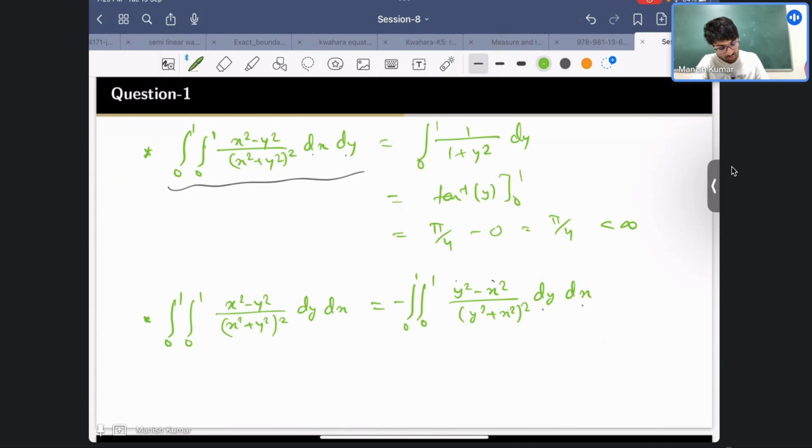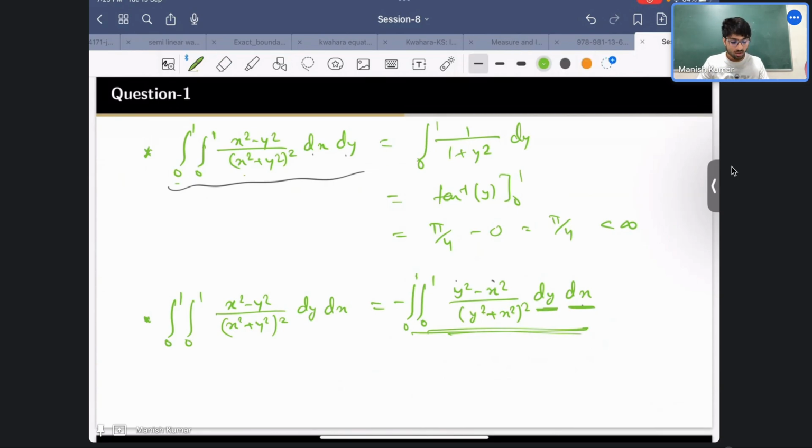In the numerator, you see that this quantity is the same as this one. The only difference is that the role of y and x is interchanged, okay? But that's not a problem because here the role of integration has also changed. So they are just a notation. Instead of y and x, you can even write z or w. So that's not a problem.